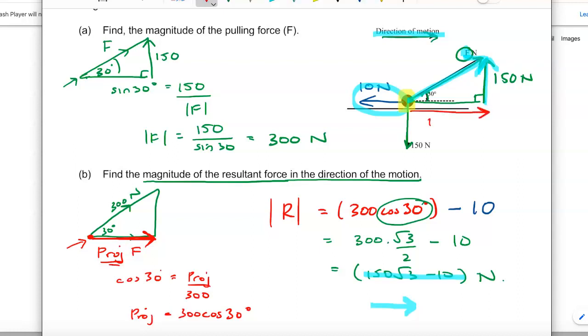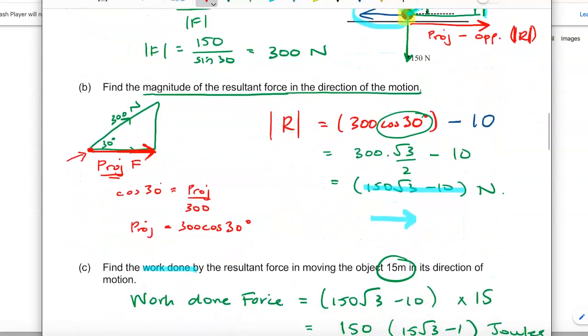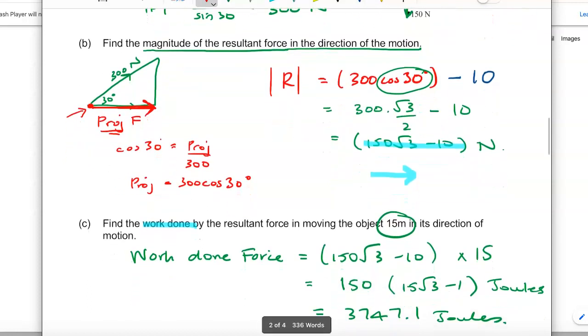The projection that the force is placing on this body, subtract the opposing force, we've called that our result, capital R. Now that's the direction that we've got in newtons, but the actual work done by this in joules is using that motion direction and the fact that we want to travel 15 metres. And we end up with our solution of 3,747.1 joules.